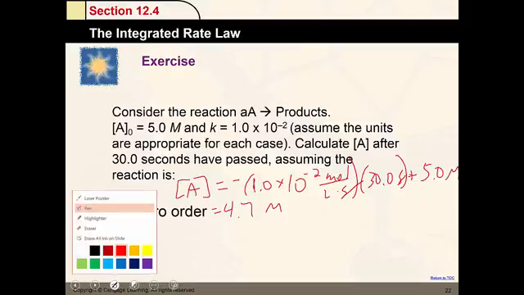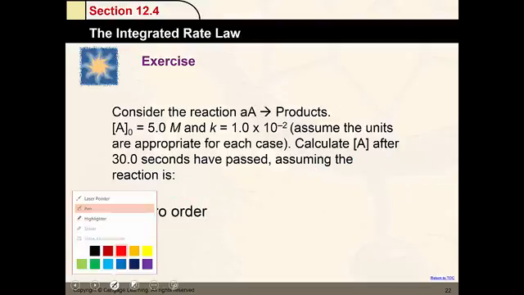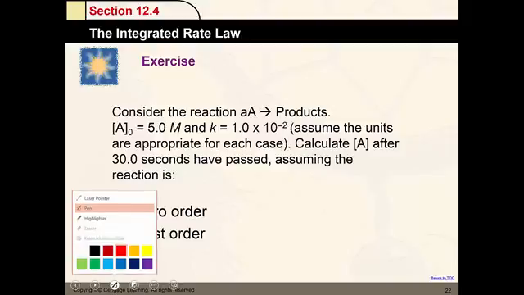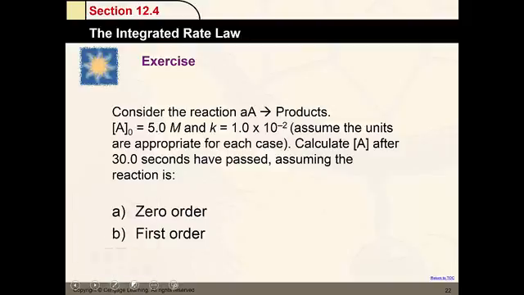Okay, then when we do the same thing for first order, so now, since we know it's first order, we know it's the natural log of A. That's what we're solving for. So the natural log of A is equal to negative kt.